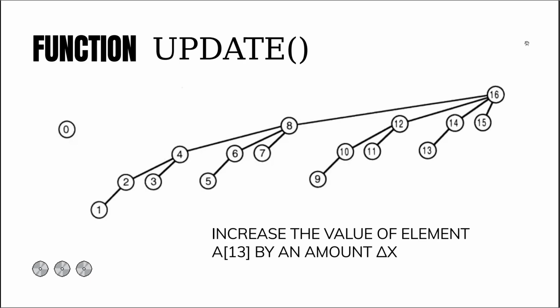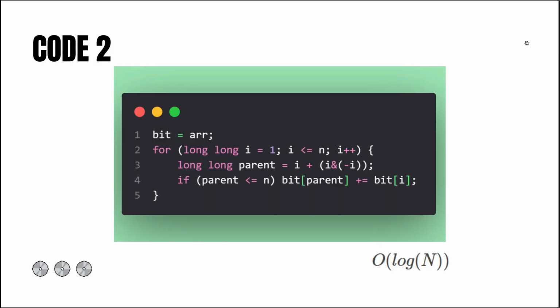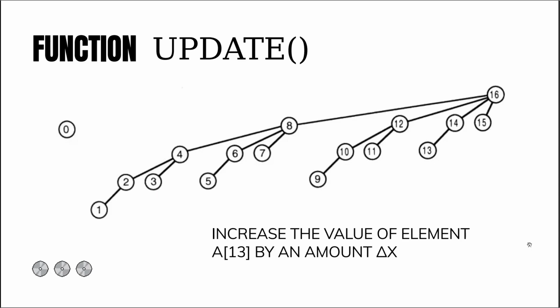Actually, I only go to 16 because after that there is no number. I want to ask you, remember the complexity is O(log n), because it is similar to a binary search tree.